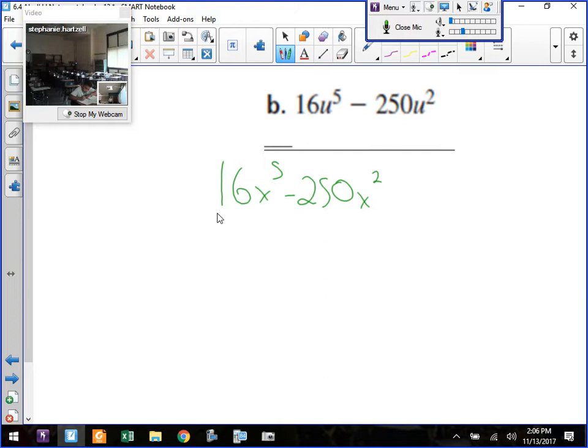So if I take out a 2x squared, I get 8x cubed minus 125. Hey, look at that. Is 8x cubed a perfect cube? Is 125 a perfect cube? What's the cube root of 125? 5.